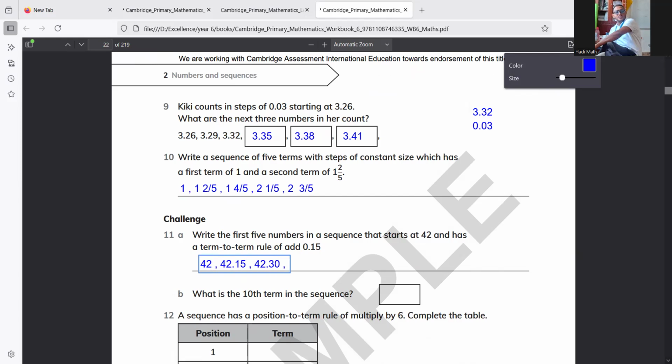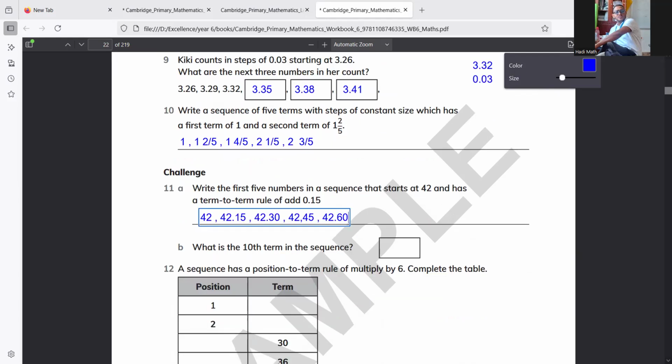Then it's going to be 42.45. They ask you to write 5 terms, like 1, 2, 3, 4. Then the 5th term is going to be 42.60. This is going to be the 5th term.